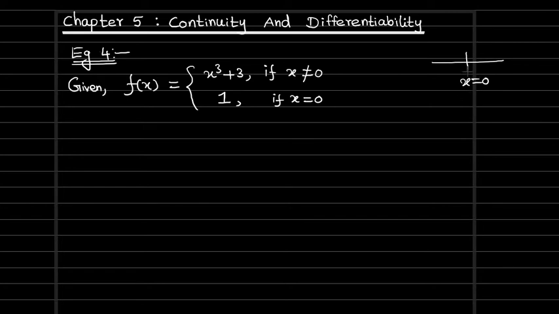Okay, so now for testing the continuity, what do we need to do? At x equal to exactly 0, what is the outcome? And close values of 0 on the right hand side also we need to test, and close values of 0 on the left hand side too. We have infinite values on the left hand side close to 0.